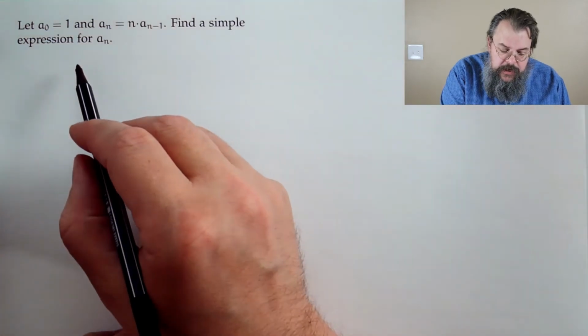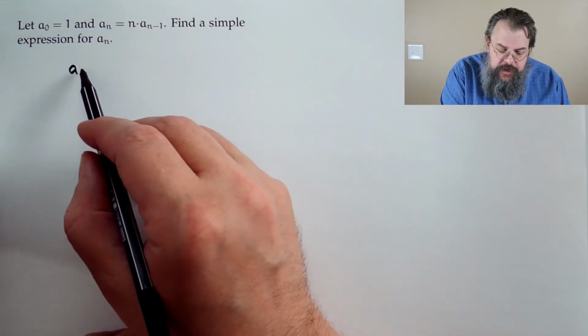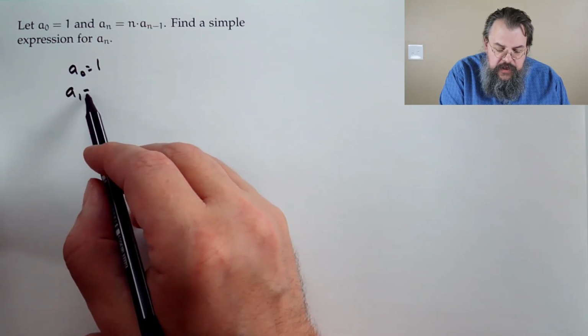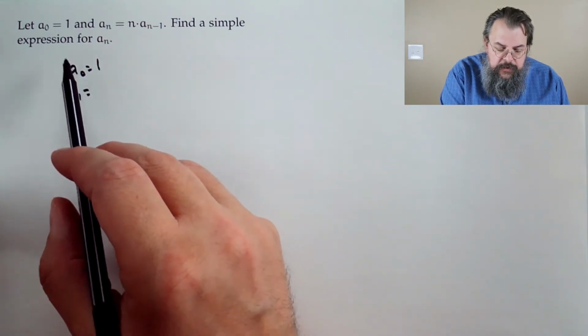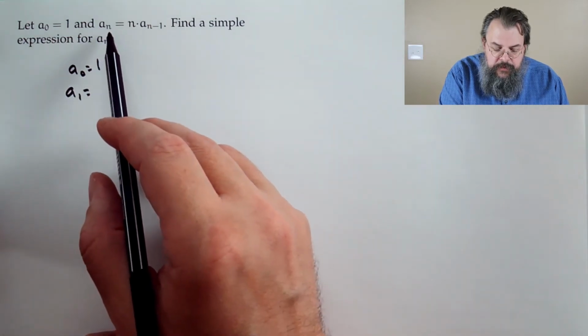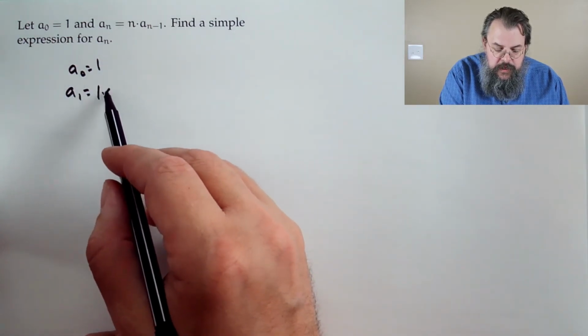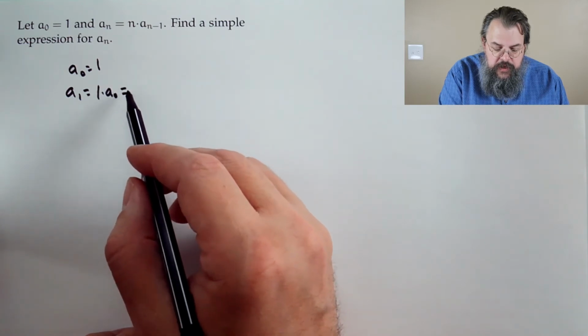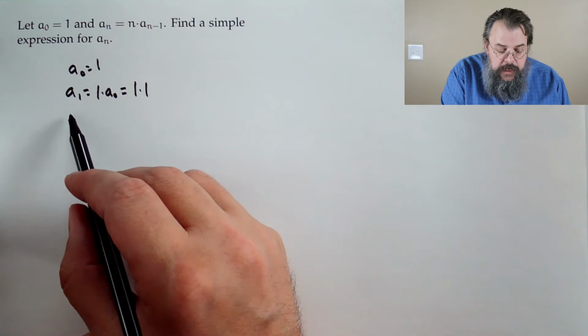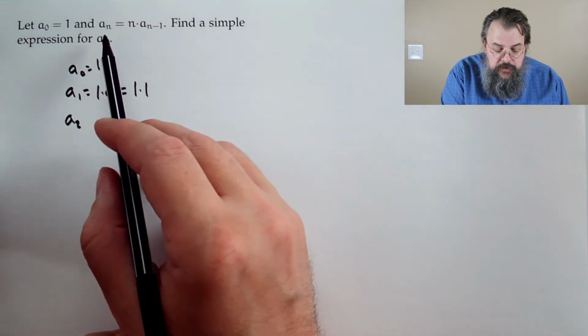And so I think when it says find a simple expression, it really just says keep going till you spot a pattern. So here, this is n equals 0, a0 equals 1. a1, well, okay, that's n equals 1. That's 1 times a0. According to the rule, that's 1 times 1. All right, a2. So that's n equals 2.